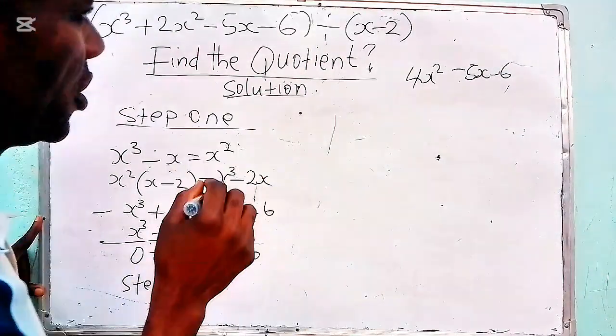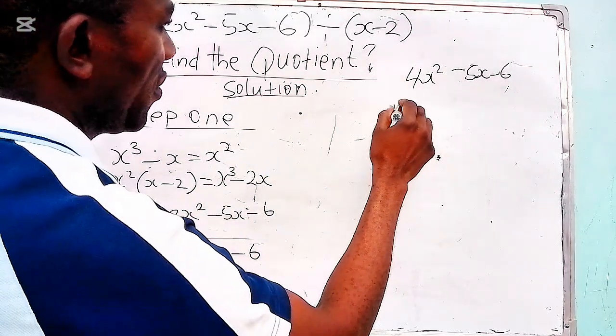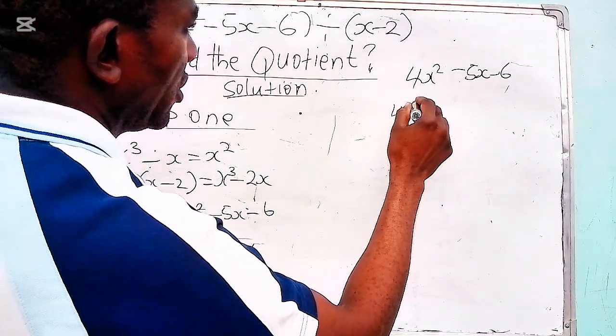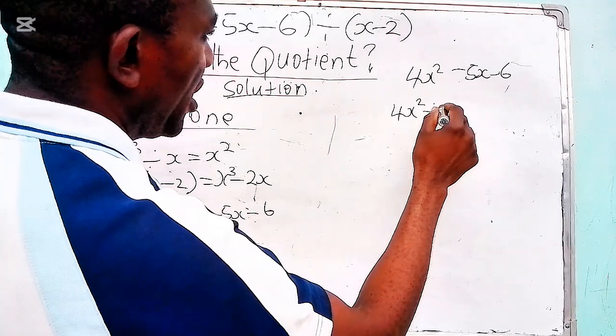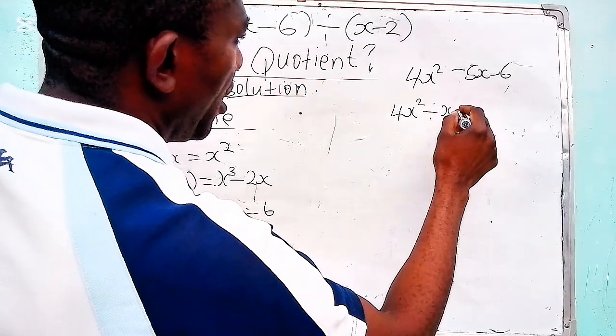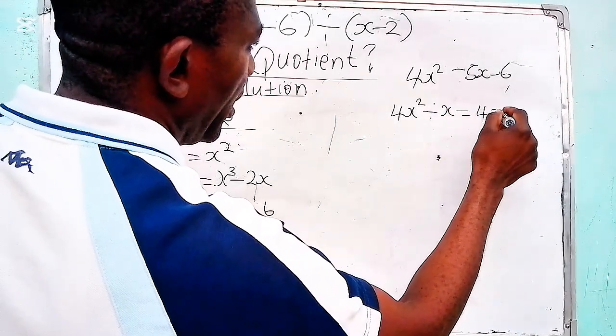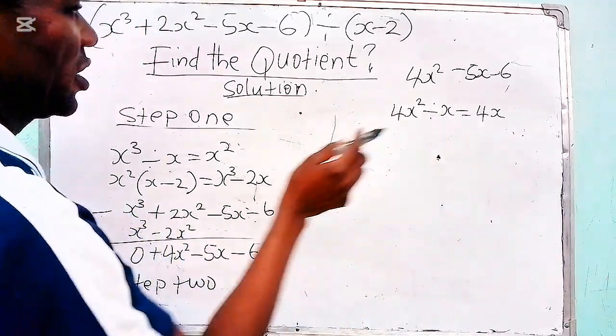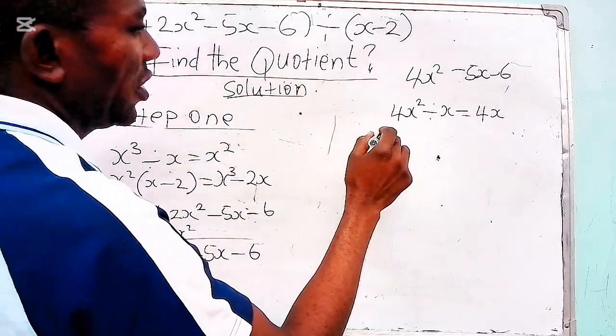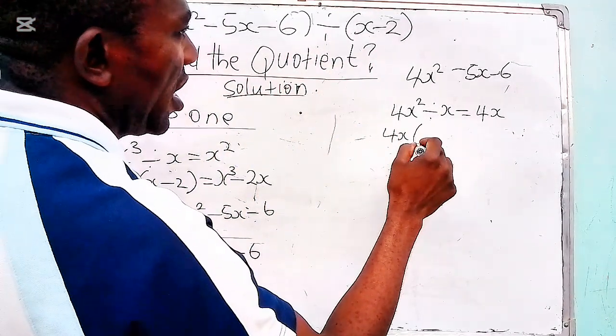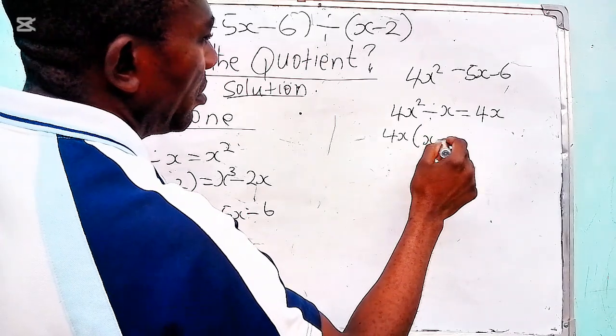Okay. So now we said 4x squared divided by x. We're going to have 4x. So multiply 4x by this, which is 4x times x minus 2.